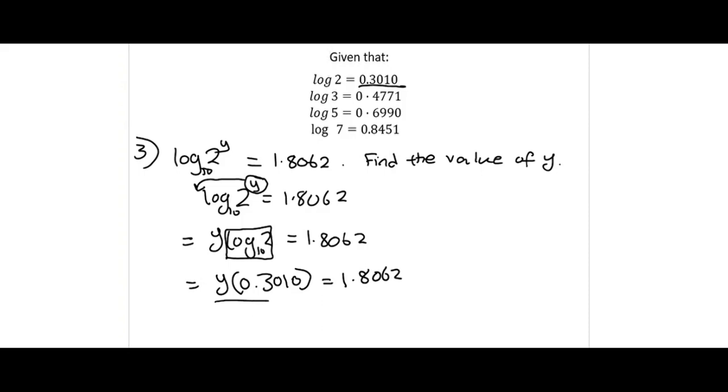Making y subject of the formula, we will divide both sides by the coefficient of y, which is 0.3010, and this will cancel out since they are the same. So y will be equal to approximately 6. Actually, when you compute this in your calculator, it's 6.00 and some numbers, but if you approximate it, you have 6 as your final answer.